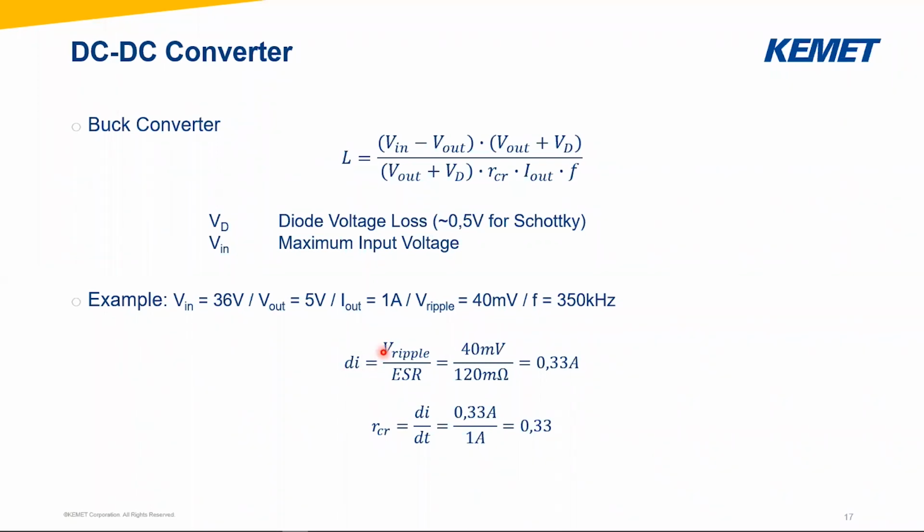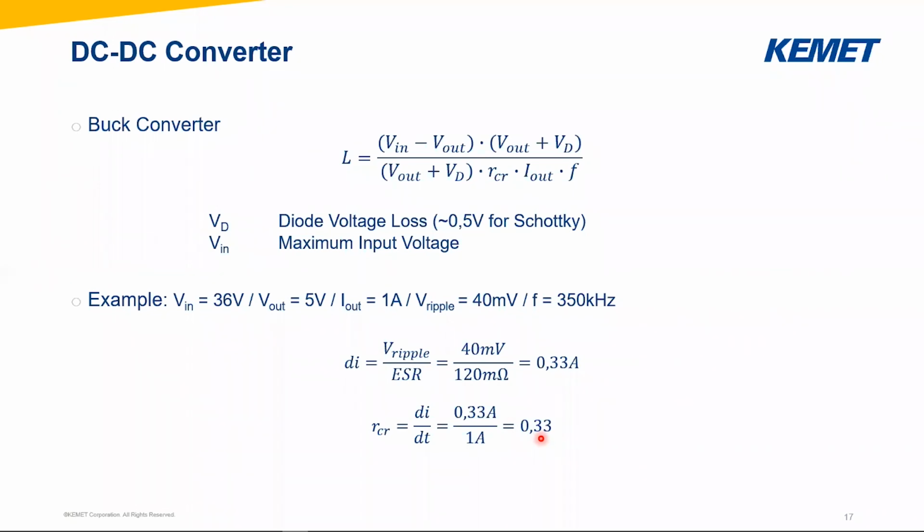DI is ripple voltage divided by ESR, and the ESR is given by my component, the capacitor. So I can calculate this, and then I can see the ripple is 33%. This is also an assumption which is done very often as a start value.